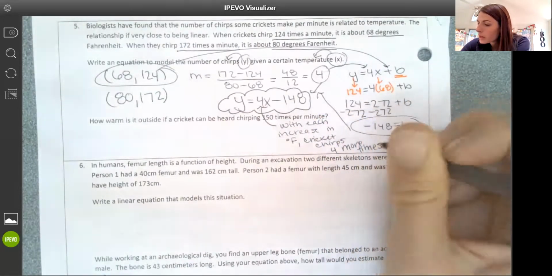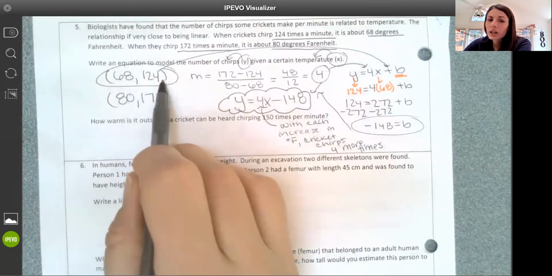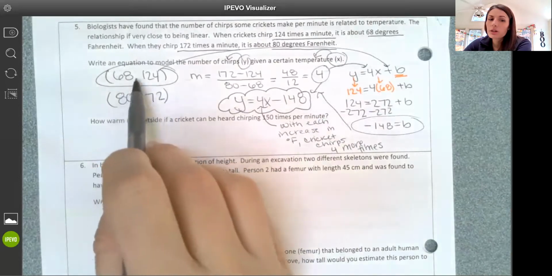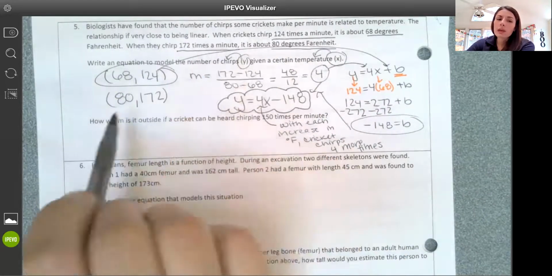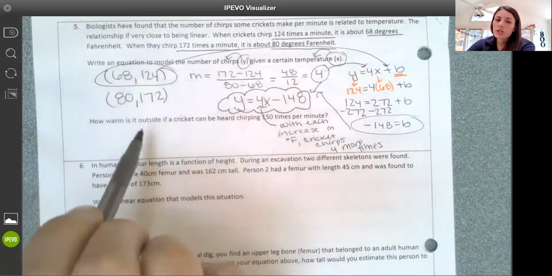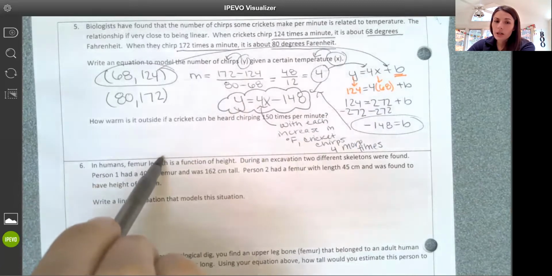So if it went from 68 degrees to 69 degrees, then I would expect 128 chirps. If it then went to 70 degrees, I would expect 132 chirps. It would keep increasing with that temperature. Each increase in single degree Fahrenheit would give me 4 more chirps out of the cricket.